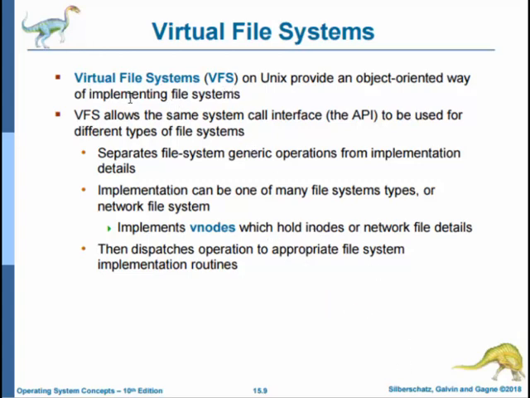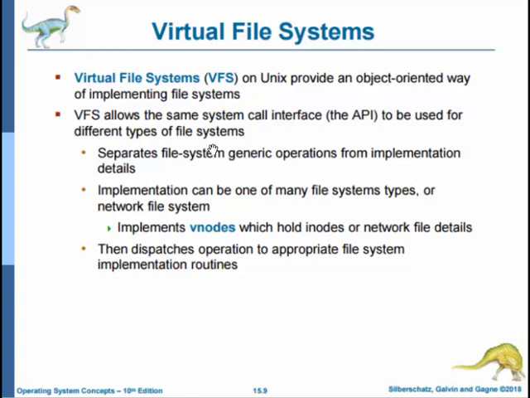So the VFS, or the virtual file system on Unix, provides an object-oriented way of implementing the file system. VFS allows the same call interface, or the API, to be used for different types of file systems. So what it does are the following functions.